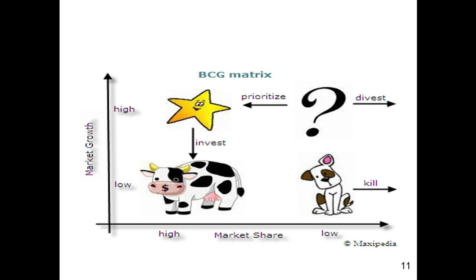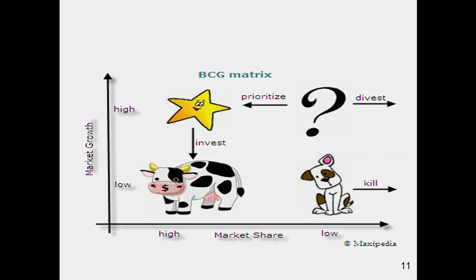Okay, if not, then you have to divest it. Okay, so if you have stars, if you invest more and increase your market share, then perhaps your stars might turn into your cash cow. If your question mark, okay, is not working, it might become your dog. And then your strategy for the dog is basically to kill that product.